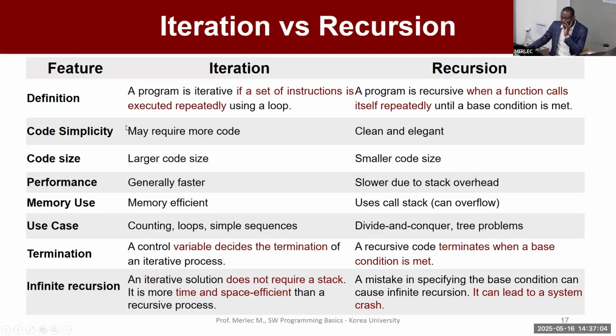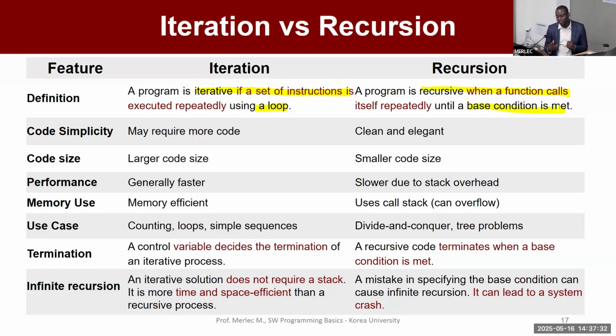So by definition, iteration is an iterative set of instructions that you have to repeat again and again using a loop. On the other side, for recursion, you have a recursive function, which has to call itself to repeat until the base condition is met, as I've shown in the earlier examples.